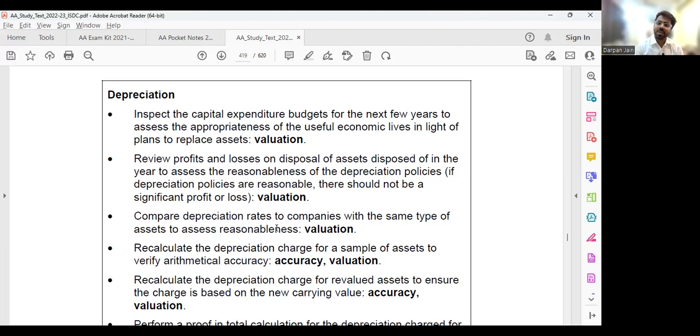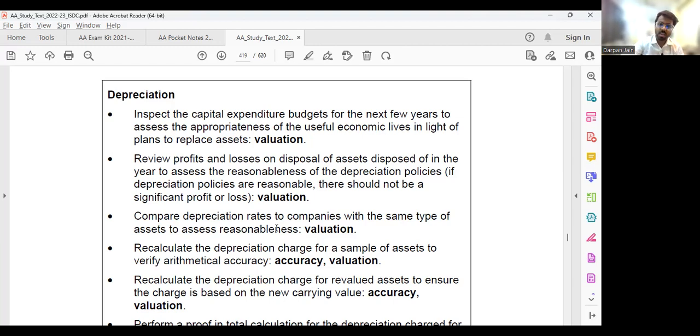You should look at the capital expenditure budget of the next years to see when the company is again going to spend on laptops. When you check that, you will get to know the useful life of the asset for that particular company.